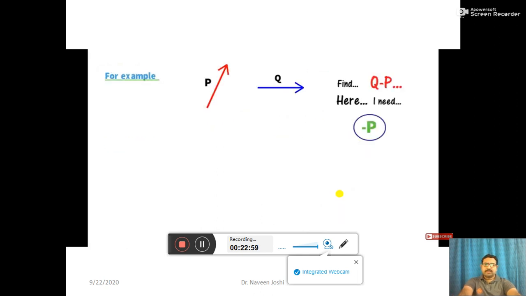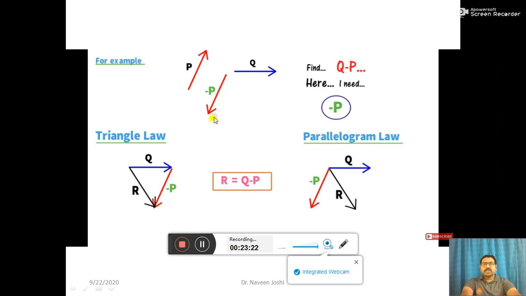Next example, vector P, vector Q, find Q minus P. So here they are given two vectors, vector P and vector Q, and they are asking for Q minus P. Q is okay. Then you need to find the negative of P, which means you just use the opposite direction. See here, this is the minus P vector.